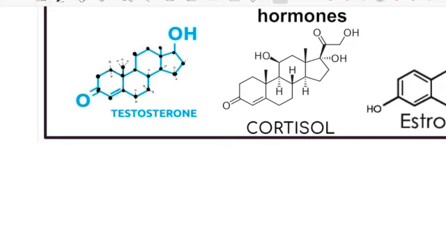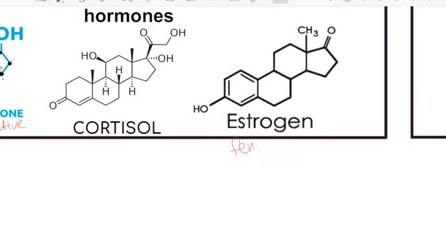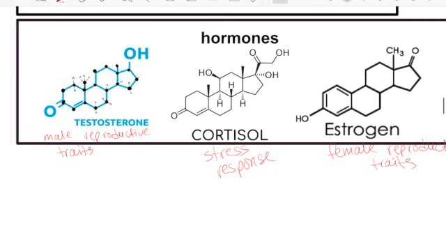Testosterone is typically associated with the male reproductive traits during puberty for males. Estrogen is typically associated with the female reproductive traits in humans. And cortisol is a stress hormone. It signals or triggers the stress response. So whenever you're feeling stressed out, your levels of cortisol tend to increase.